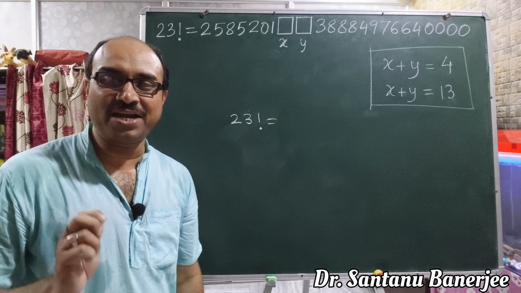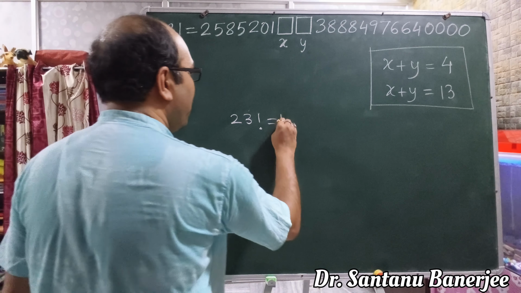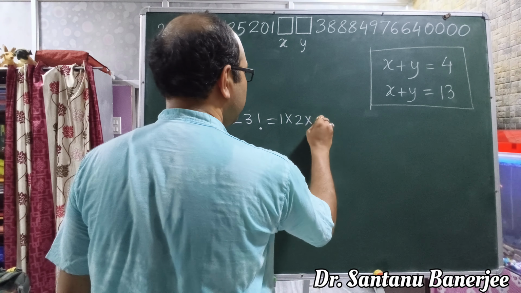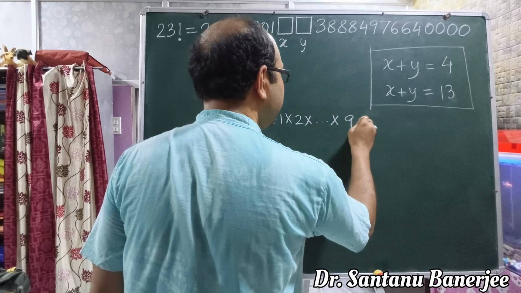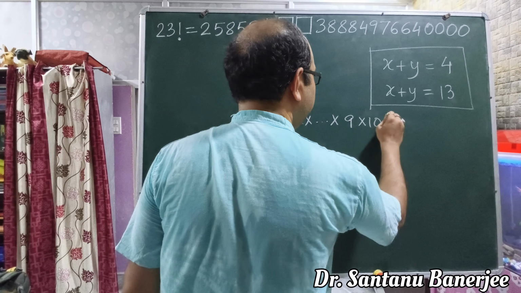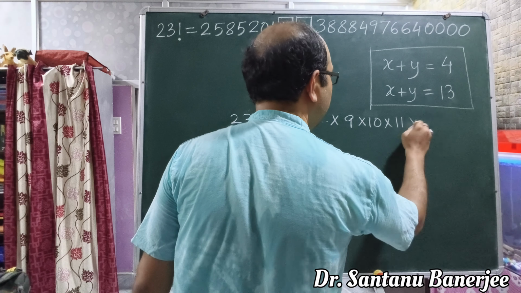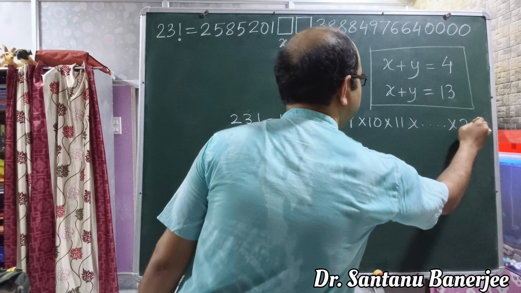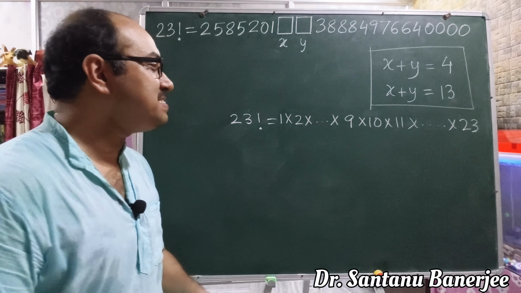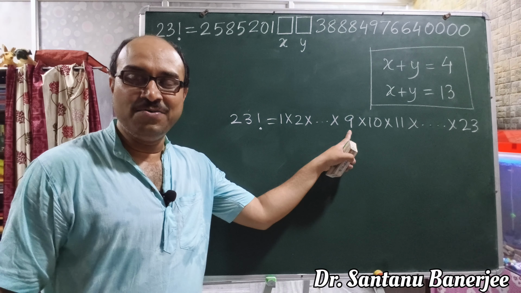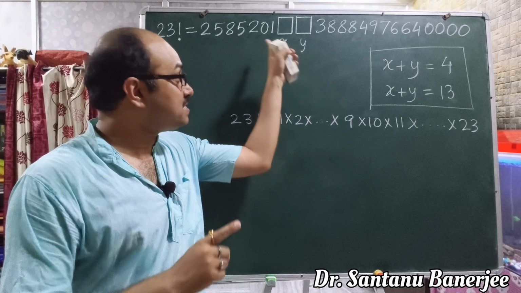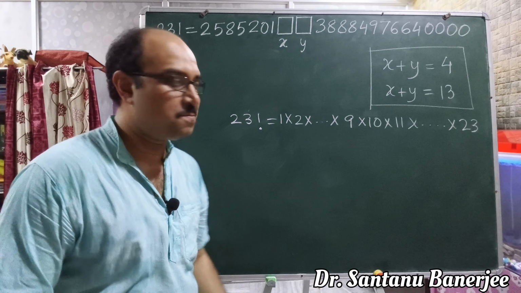23 factorial can be written as 1 into 2 into, somewhere, 9 into 10 into 11 and so on till 23. Since 9 was a factor, we told that this number is divisible by 9.